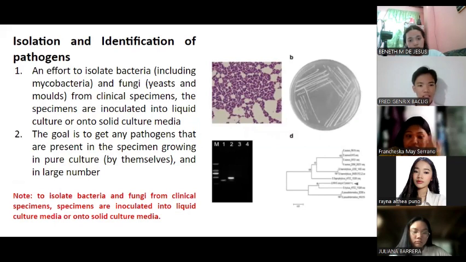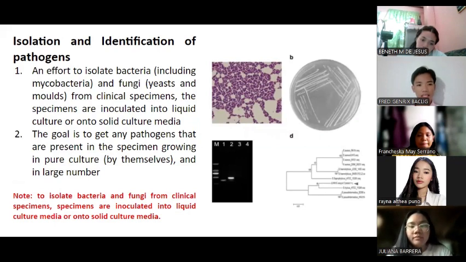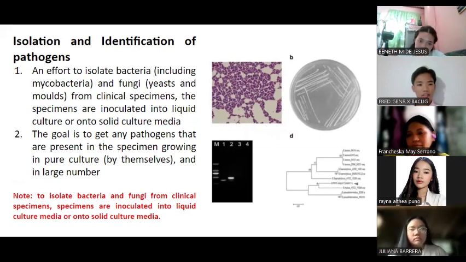So for the isolation and identification of pathogens, number one, an effort to isolate bacteria, including mycobacteria and fungi such as yeast and molds, from clinical specimens. The specimens are inoculated into liquid culture or onto solid culture media.